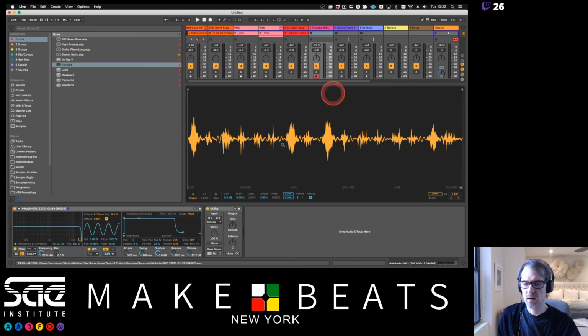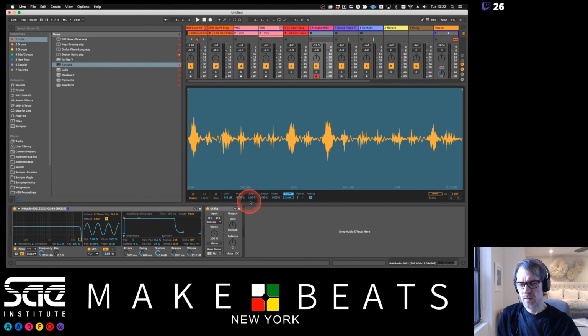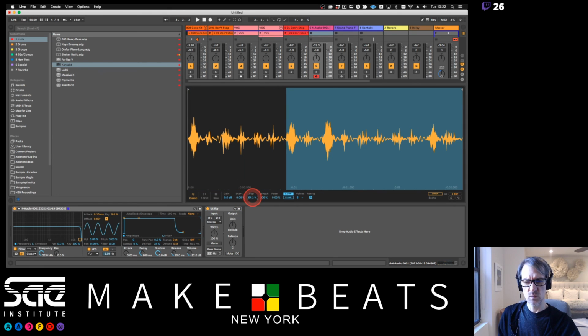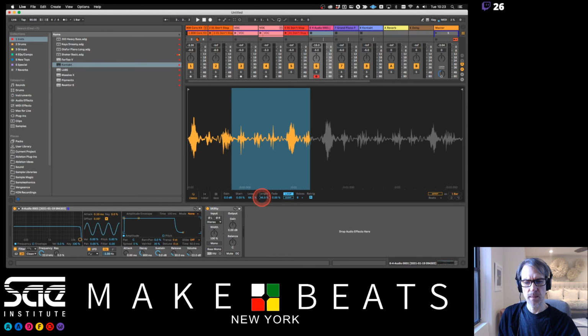With the Simpler here, you can do that too, but the way it works down here is a little bit different. You adjust your loop portion like this, and then you can adjust the length of the loop over here. It's a little bit weird the way it works.